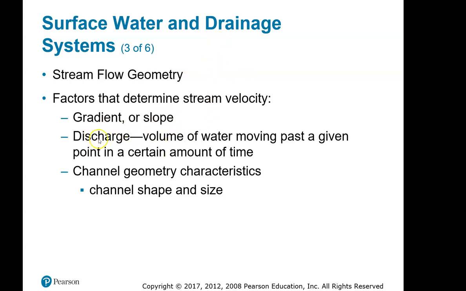The discharge, the volume of water that's moving past a given point in a given amount of time. The channel geometric characteristics, right? The shape of it. So if it's more of a bowl shape versus a very, very deep channel, the water flows at a certain rate. We're going to see that in just a second, as opposed to shallow water.